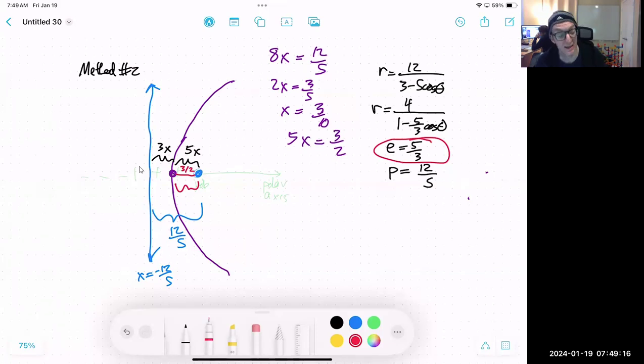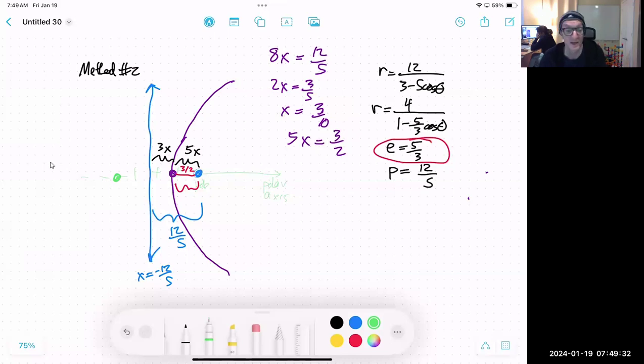All right, how is that useful? Well, I still don't know where the center is, but I have calculated something. Let's think for a moment.